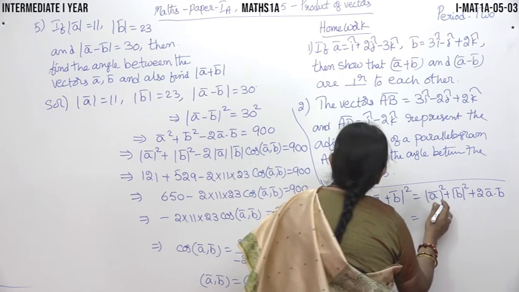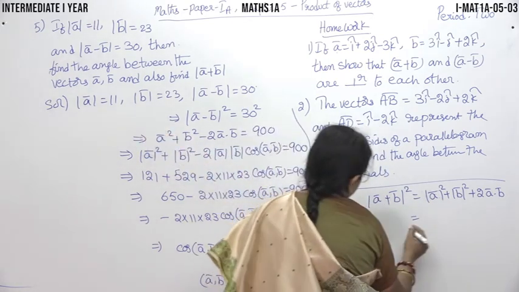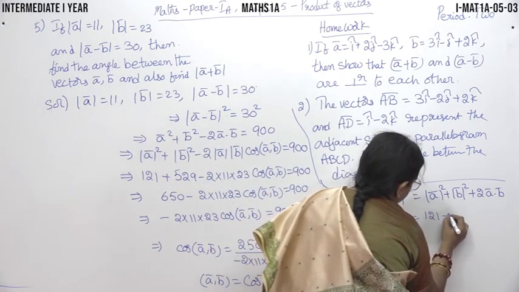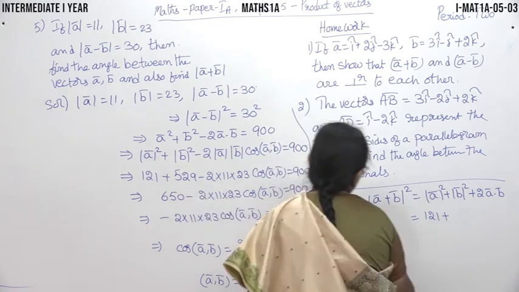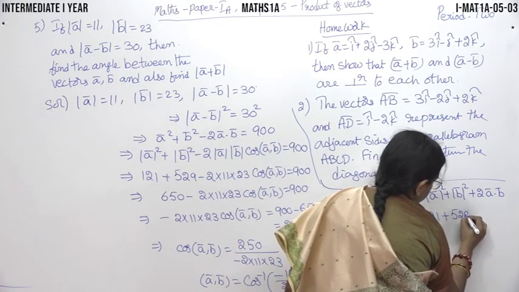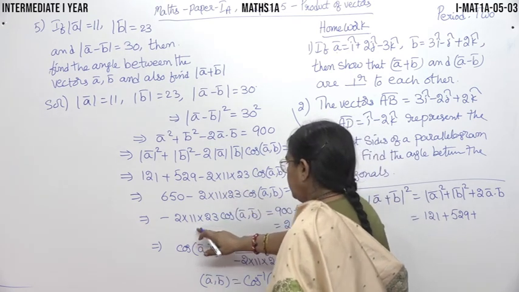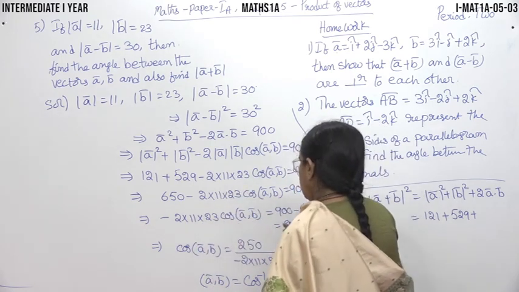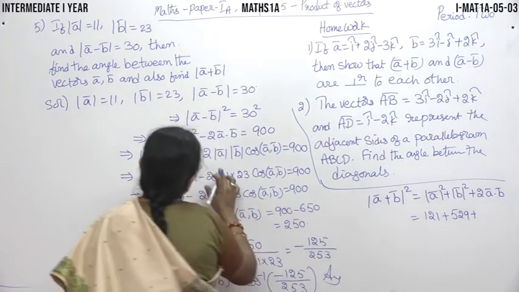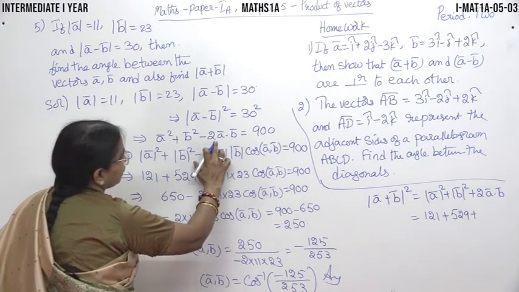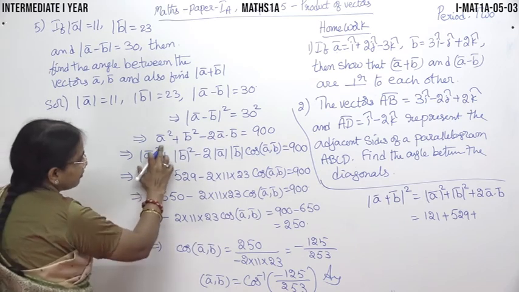So what is mod A square? 11 square, 121, plus mod B square is 529, plus 2 A dot B. So actually here 2 A dot B you can find like this. This is 121.